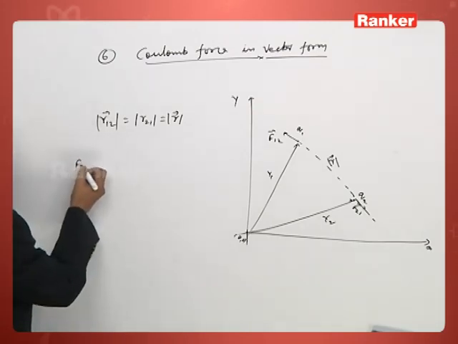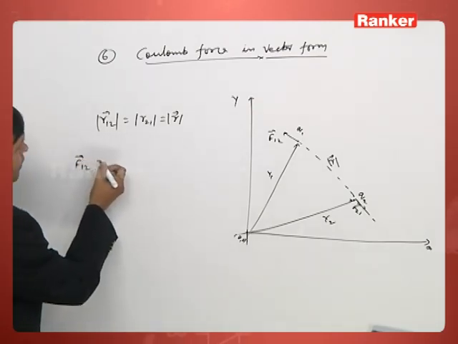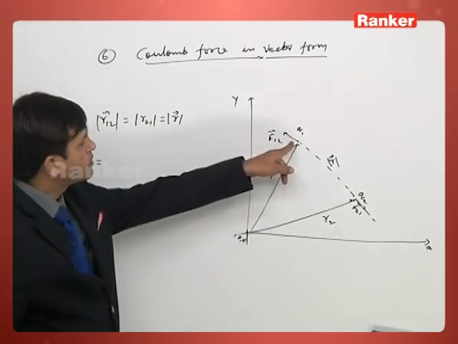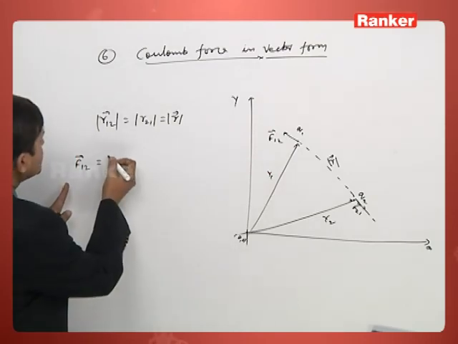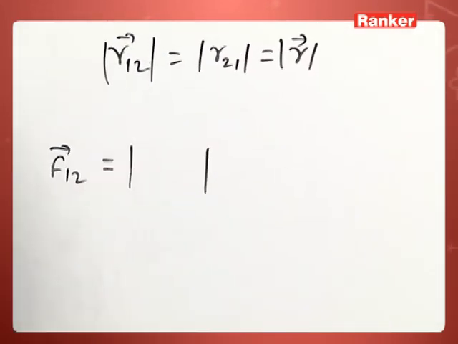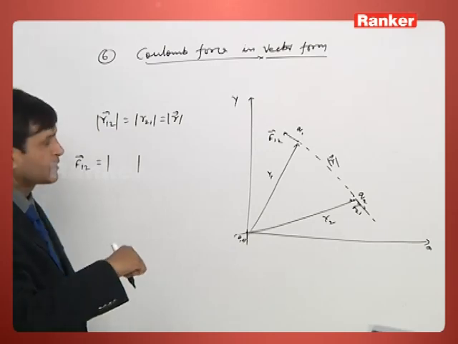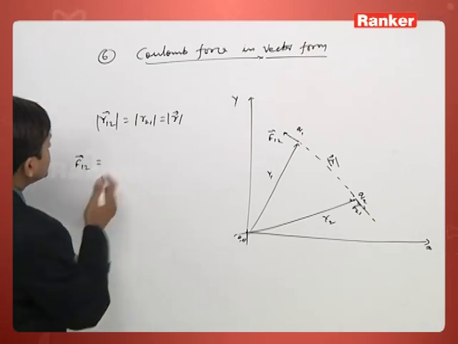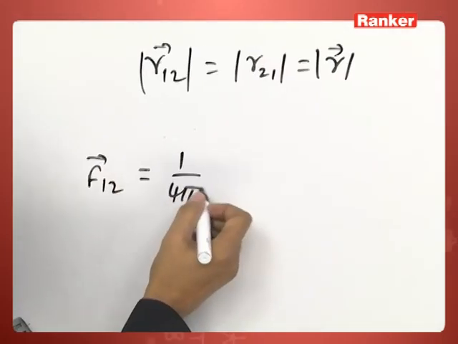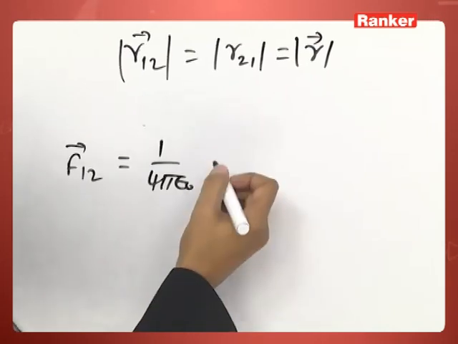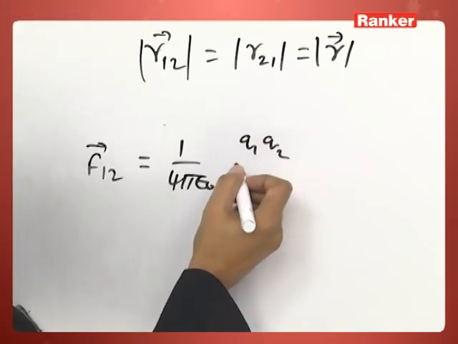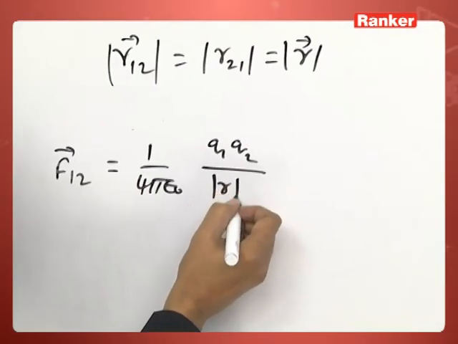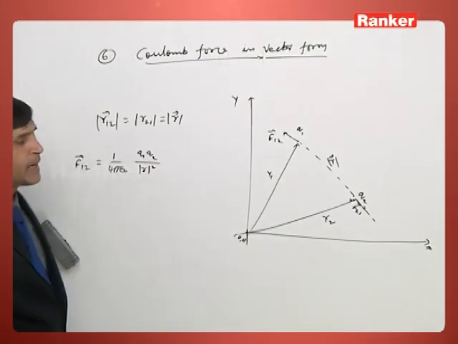So see, when we want to write the force on charge 1 due to 2, the force can have two terms. One is the magnitude, another is the direction. The magnitude, directly by Coulomb's law, is 1 by 4 pi epsilon naught Q1 Q2 by mod R whole square. This is the magnitude.